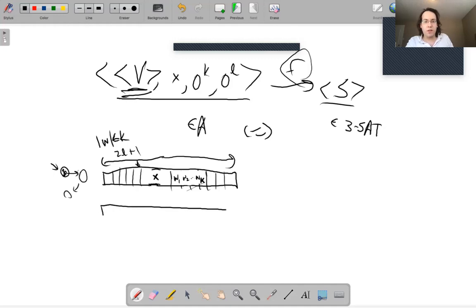The second configuration will look something similar. So this is configuration number 1, configuration number 2.